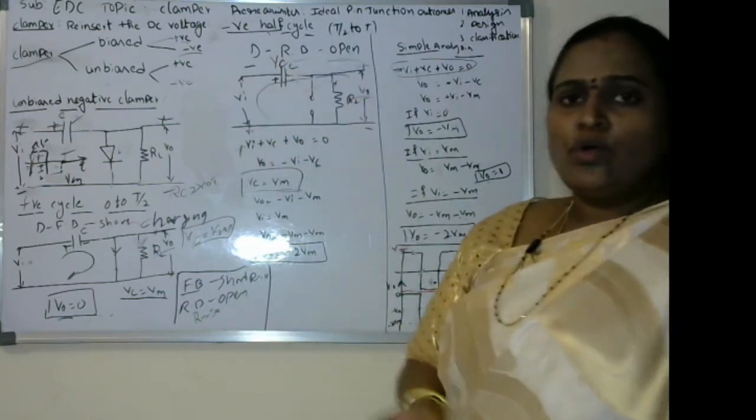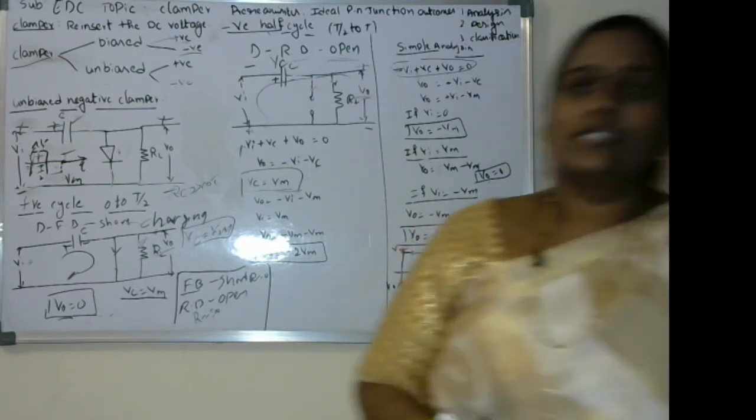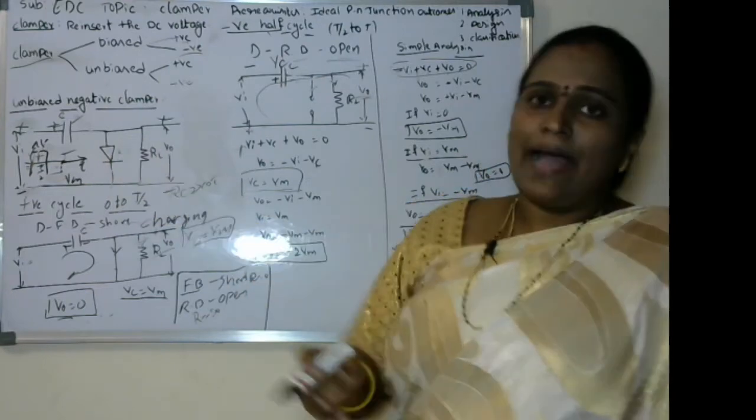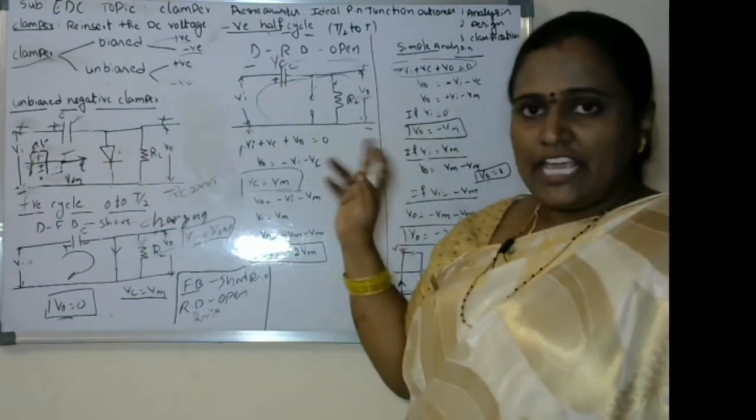If you want a simple analysis, at that time we have to consider when the diode goes forward biased. That cycle only we have to consider, and we have to apply the KVL equation.